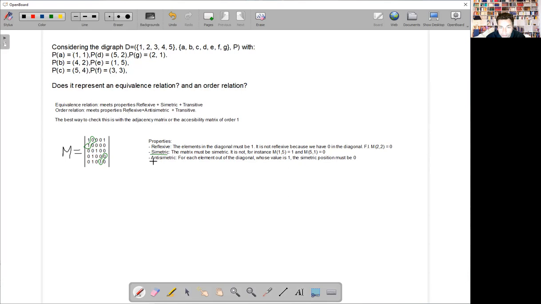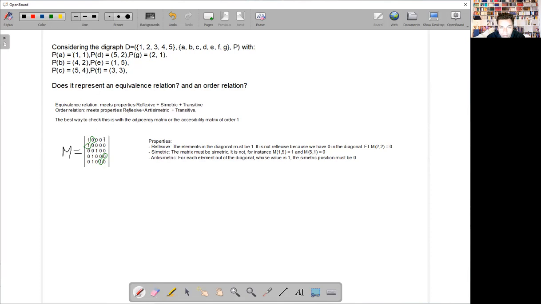And now for the antisymmetric, we need to check if for every 1 that we have in the matrix, we have a 0 in the symmetric position, right, outside of the diagonal. Okay, so in this case, let's continue checking, right?